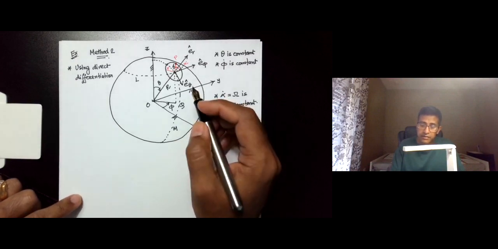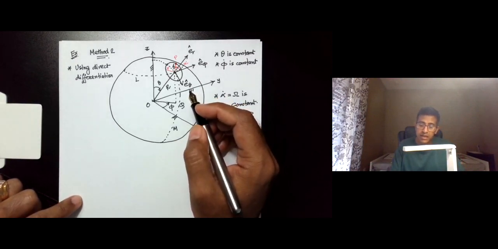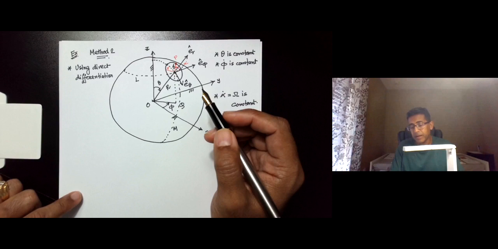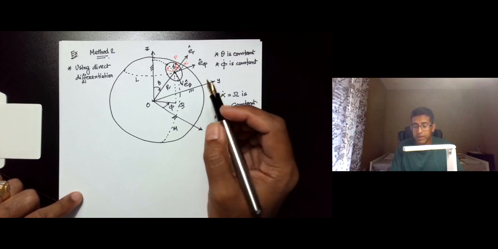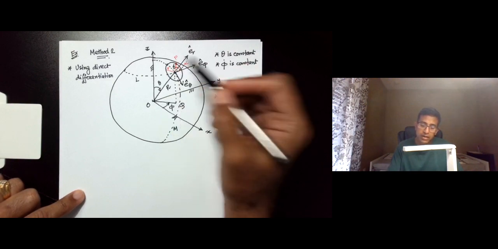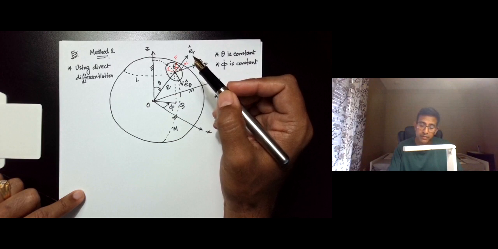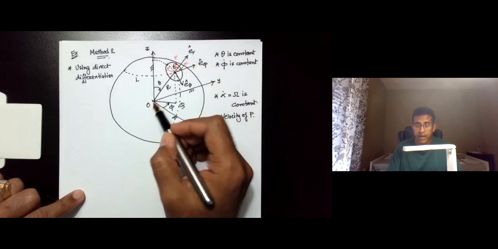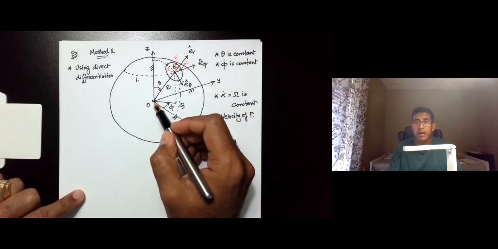So the process that we are going to adopt in solving this problem is direct differentiation, and here the direct differentiation process is easy to formulate because direct differentiation always requires us to formulate the position of a point whose velocity we desire with respect to a fixed point. And here the fixed point is quite evident.